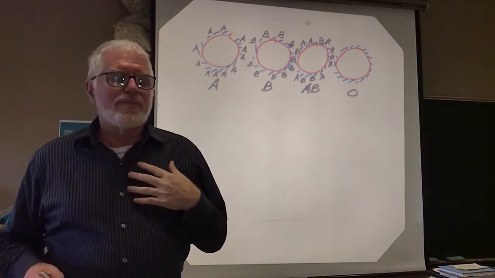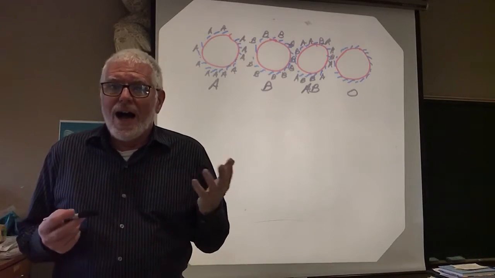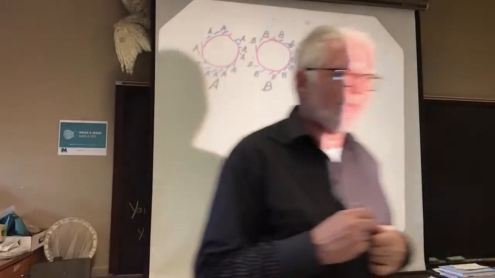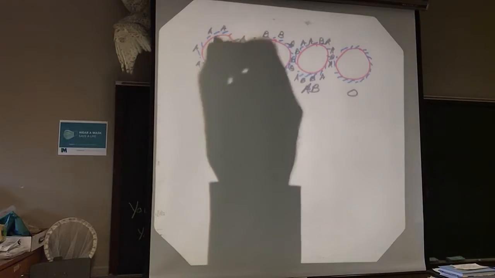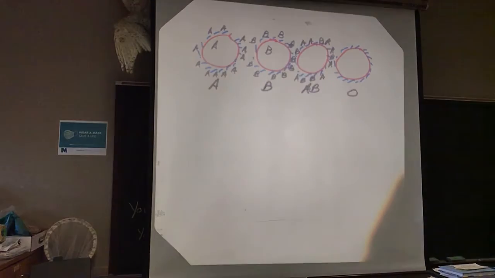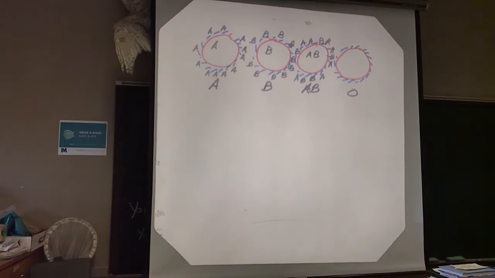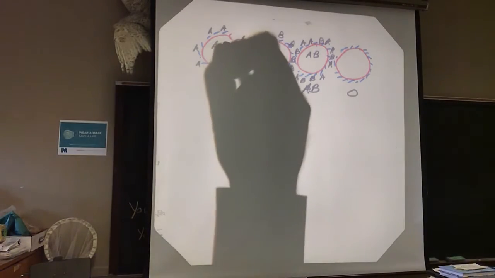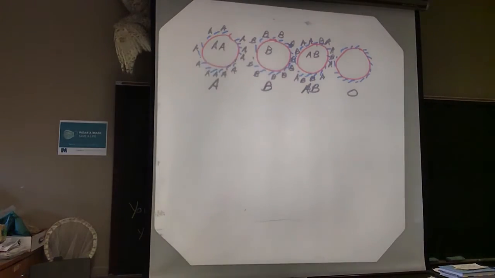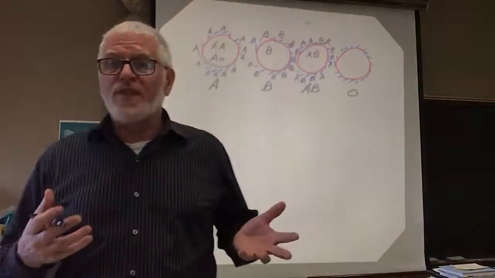Okay, I have A blood. I gotta have an A allele. If you have B blood, you have to have a B allele. If you have AB blood, you have to have an A and a B allele. Now, if I have A blood, what's my second allele? I could have an A there, but if I had an allele changing my markers to A, but another allele that goes, well, if you're going to use me, we're not doing anything, you're still going to have a bunch of A markers on your blood.